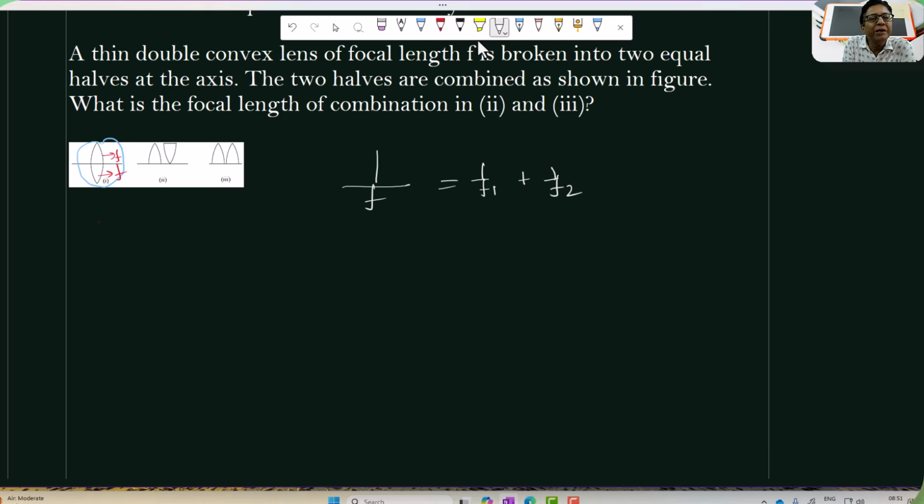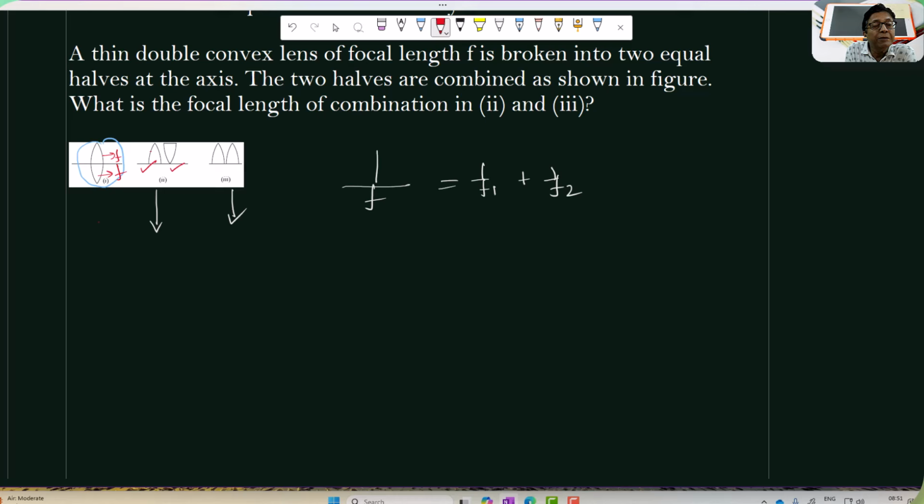But now they behave in this manner or in this manner. This manner means the first part is obviously a converging one, but this one is a diverging one. Because a lens is made of prisms. Many prisms are there. It will bend.